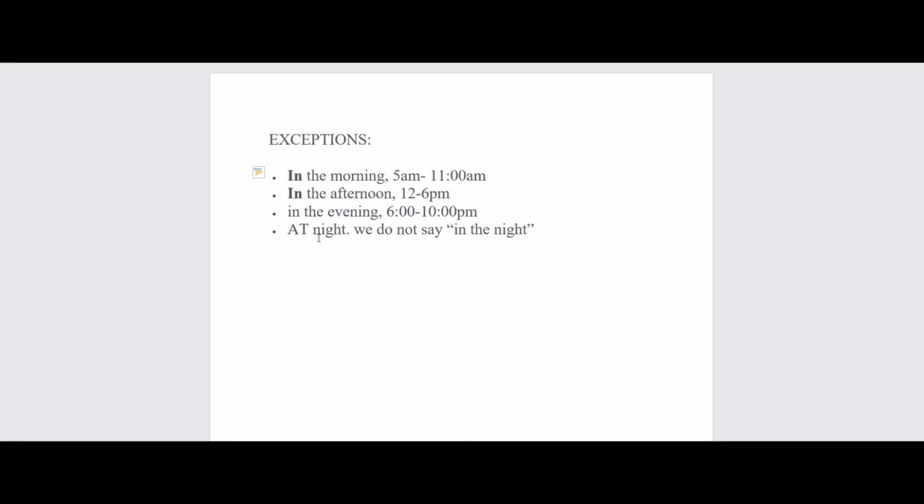So, at night, my son needs a light to sleep. At night means during the night, from whenever he goes to bed at 7 p.m. to 7 a.m.